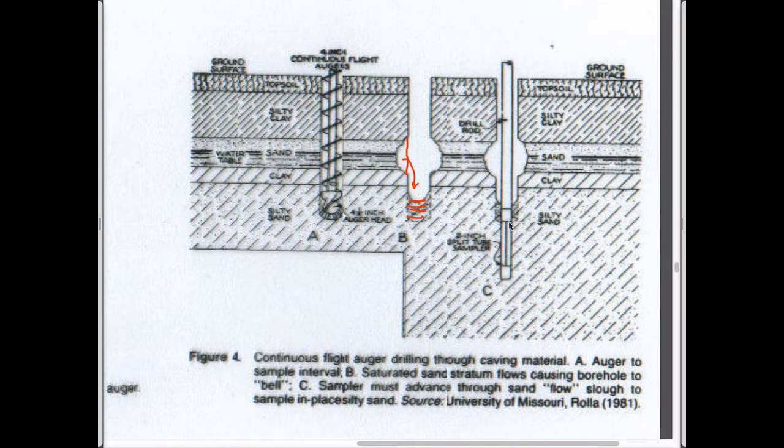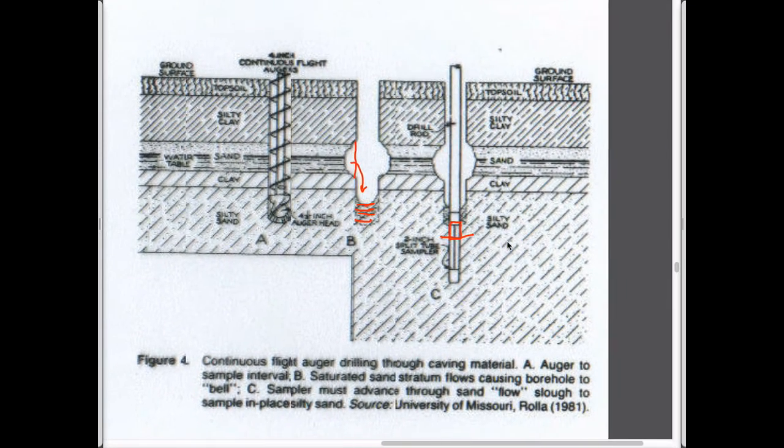So now, when you sample through this, the top part of your sample in here, you might think it's a different bed at this level, because you've washed all this crud into here. So the problem with using a solid stem auger is that when you withdraw the auger string, something might collapse and you have to interpret exactly what this means. And you might give a wrong interpretation as a result of that.